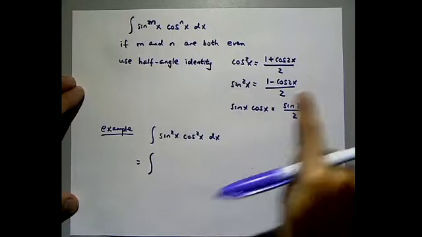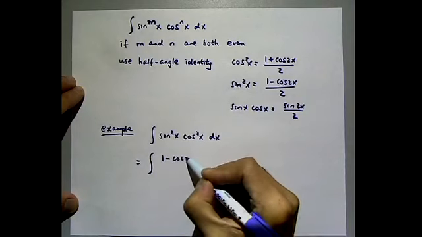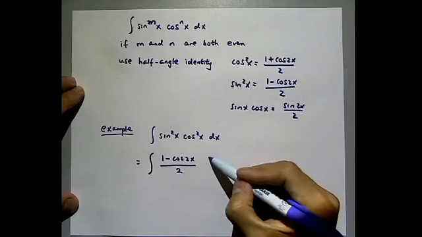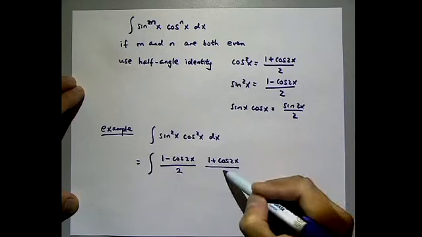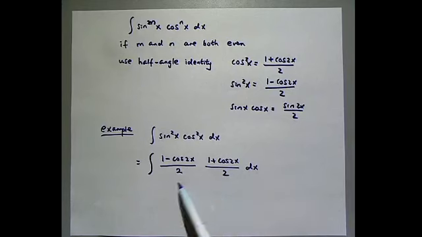Sine squared here, let's do that. Cosine. And now I see I have a factor of 4 in the denominator.